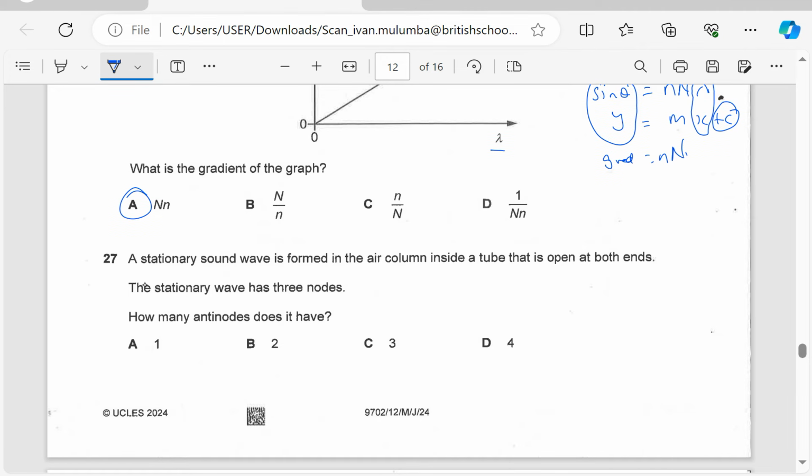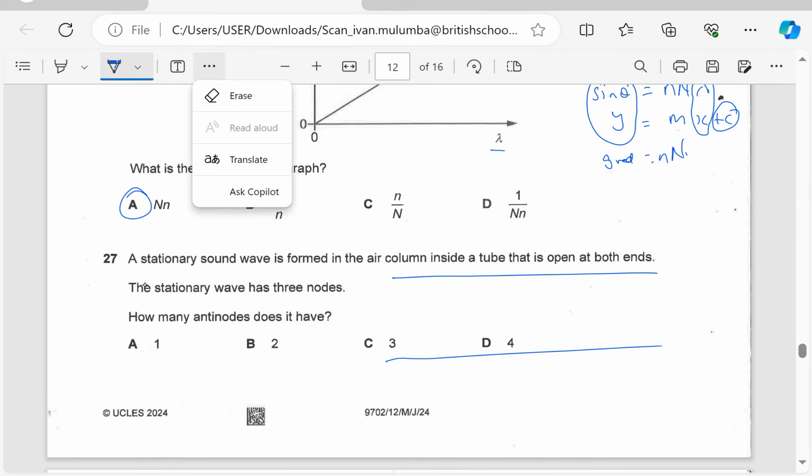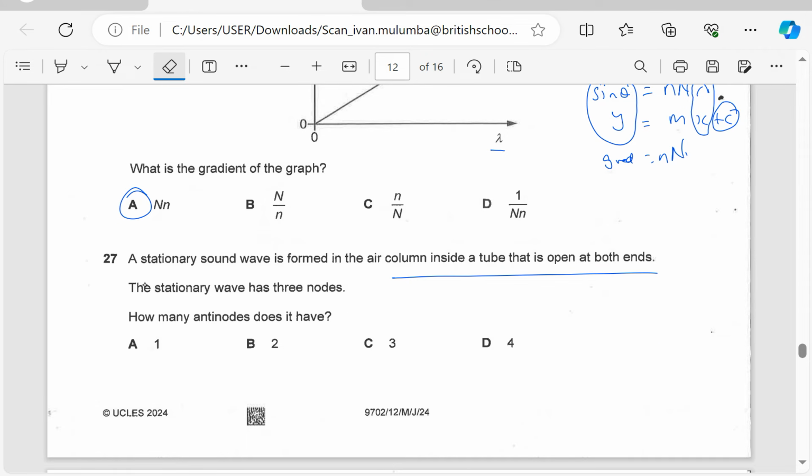A stationary sound wave is formed in the air column inside a tube that is open at both ends. The stationary wave has 3 nodes.